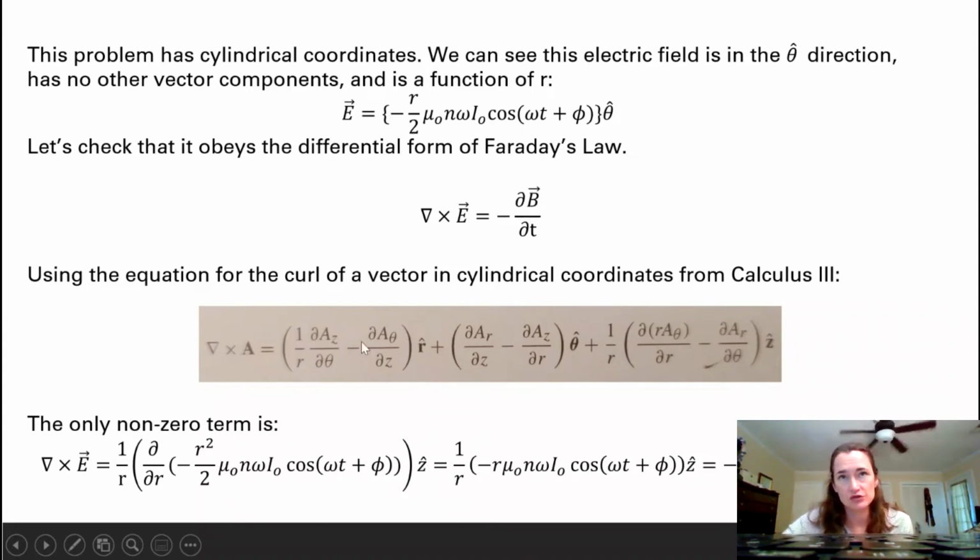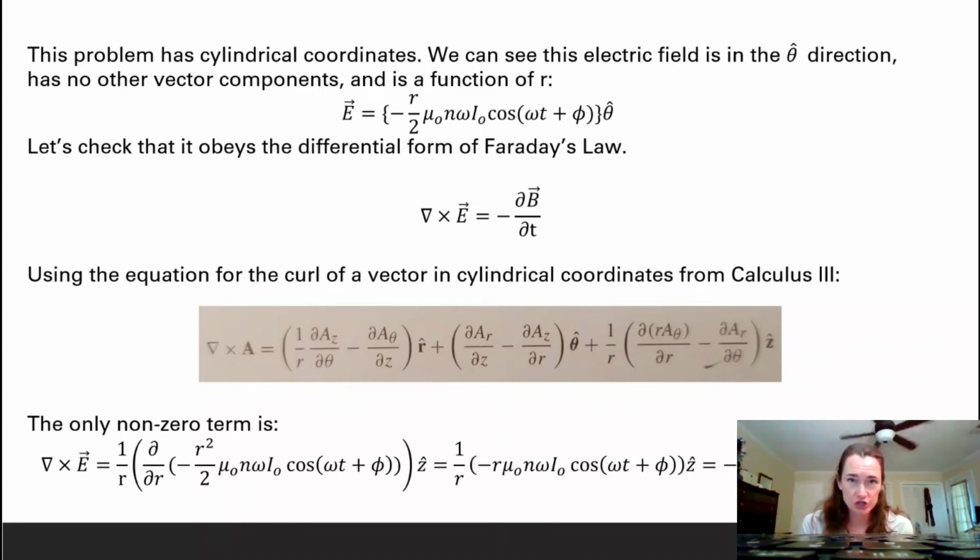The only non-zero term for our specific case ends up being the 1 over r partial with respect to r of r times E theta, which is the first term in the z hat direction right there. So the curl of E is equal to 1 over r partial with respect to r of r times E theta, which is negative r squared over 2 times mu naught n omega I naught cosine of omega t plus phi. Okay?